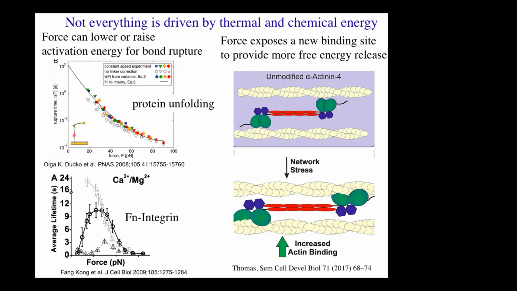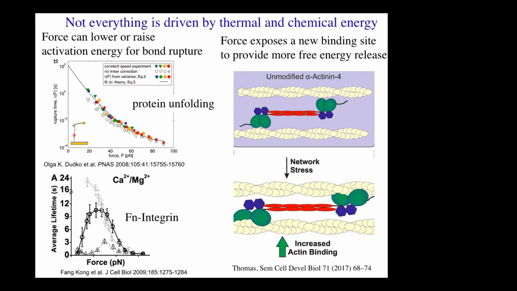And you can show that in a kind of a detailed way in other examples. In this case, it's the interaction between fibronectin, an extracellular matrix molecule, and integrin, its cell receptor. On the lower left, you look at the average lifetime as a function of force, and rather than monotonically decaying in those open circles you see in the middle, under the physiologic conditions where this bond actually forms, it's biphasic.